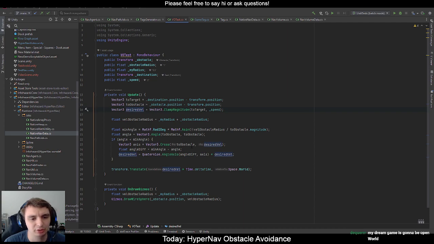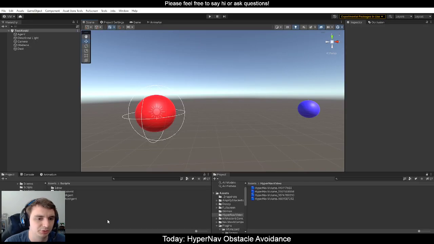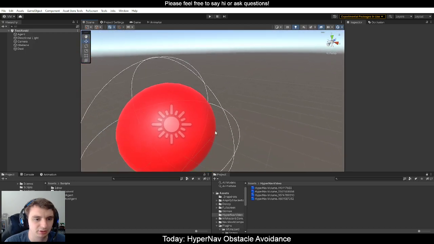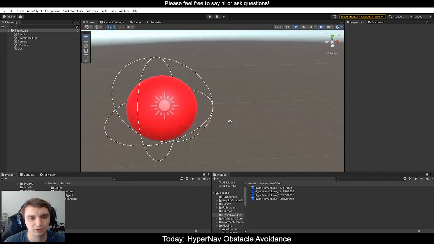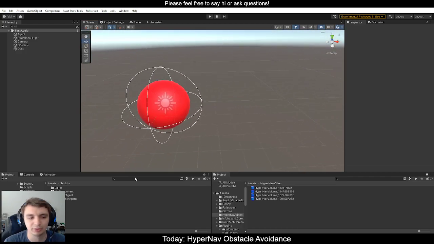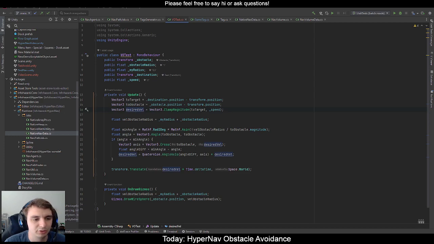So now we cross the toObstacle vector with the desired velocity, which will hopefully not be the same. That is why I had to move the obstacle earlier, so it's a little bit offset from the center line. Eventually I'll need a special case for handling that, but for now, we're just not going to handle it. And then say desiredVel equals AngleAxis.